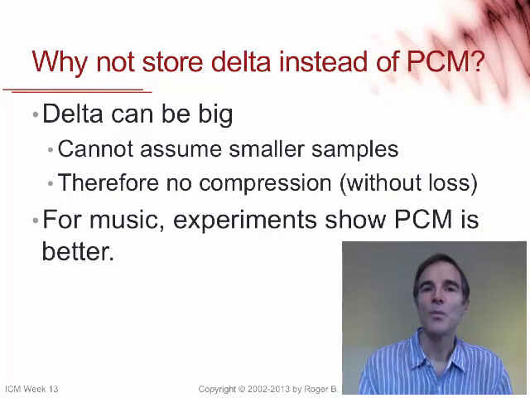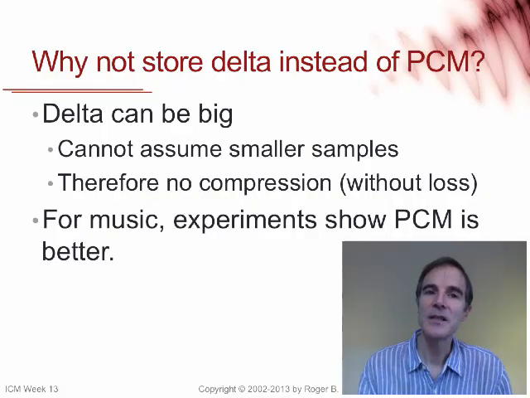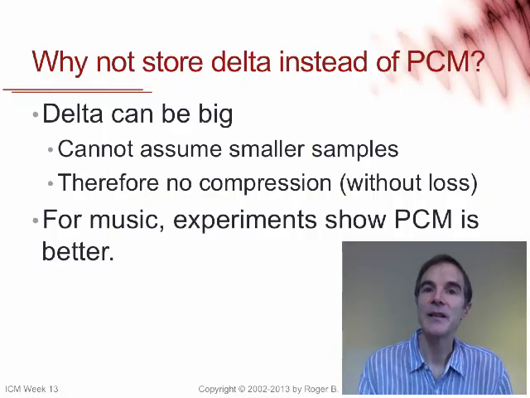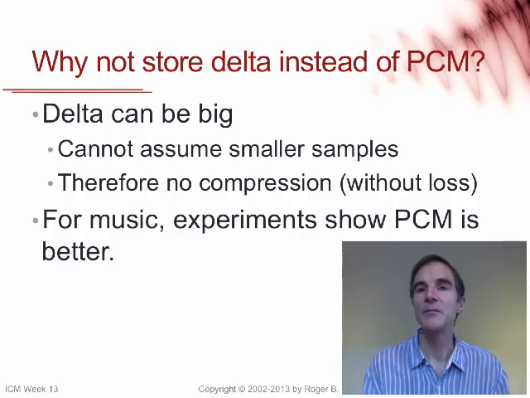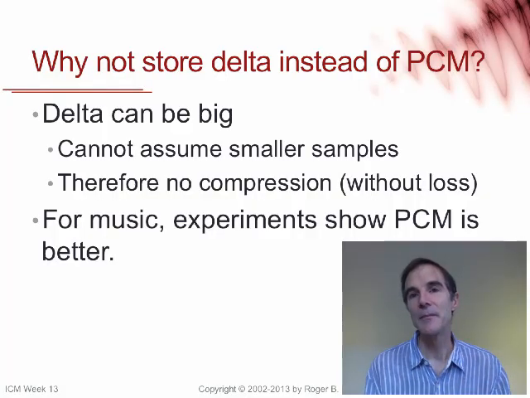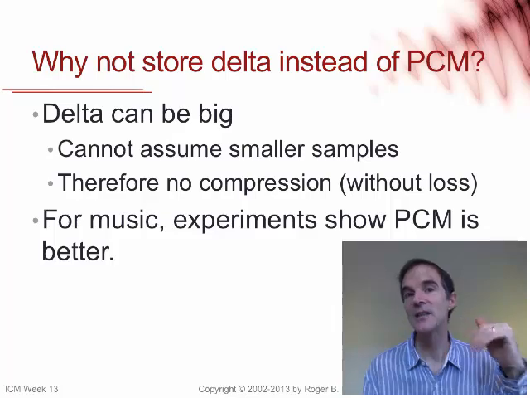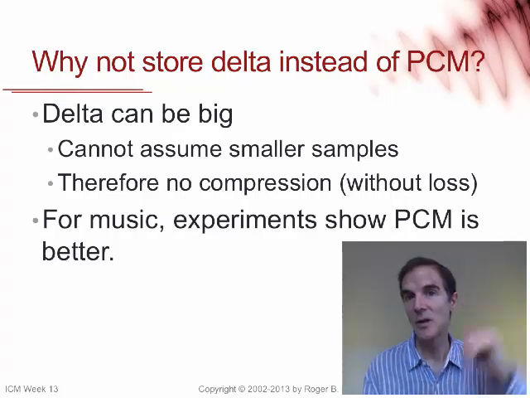You might wonder, why don't we use delta PCM instead of regular PCM for music? And the answer is that the delta can be really big. If we have a 16-bit range of PCM samples, then the delta is twice that. The delta could be positive from lowest sample to highest, or negative from highest to lowest.